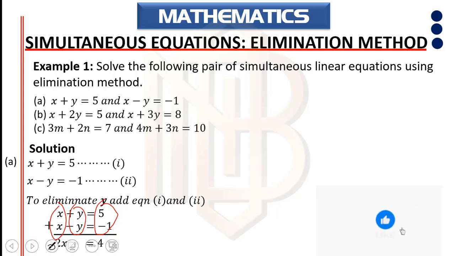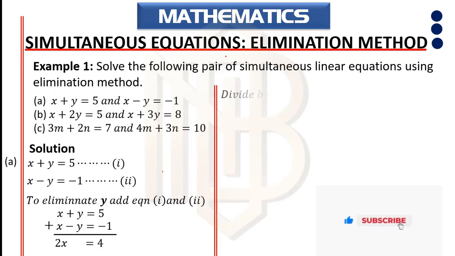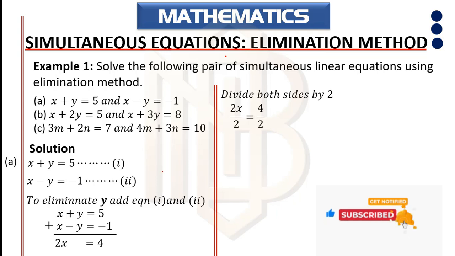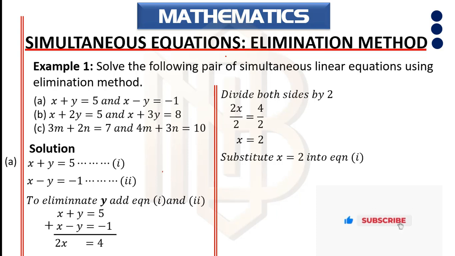So that's why we have 2x equals 4. We can proceed by dividing both sides by 2, and we have our x to be equal to 2. After getting our x value to be 2, we can slot the value of x into equation 1 or 2.